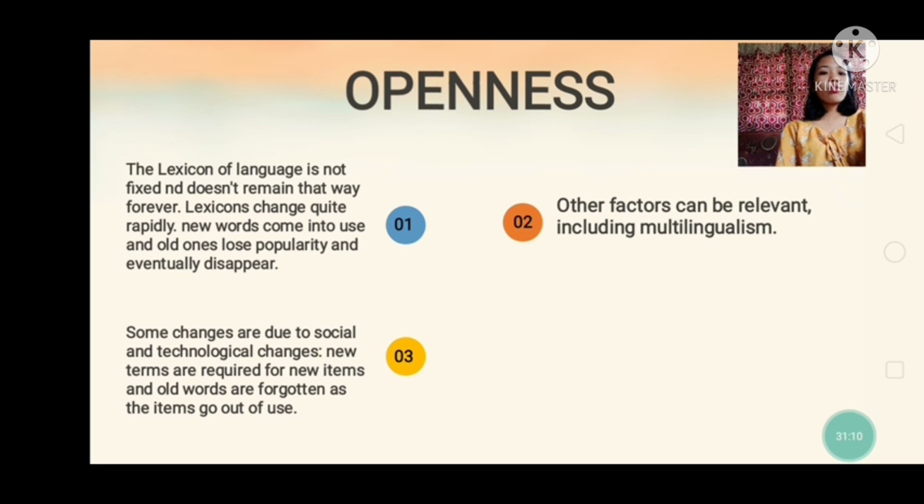New terms are required for new items and old words are forgotten as the items go out of use. Like yung lodi, petmalu, it is already included in the Filipino dictionary. So, instead of idol and malupet, ginawang lodi, petmalu. So, it is due to the influence of social media and technological changes.